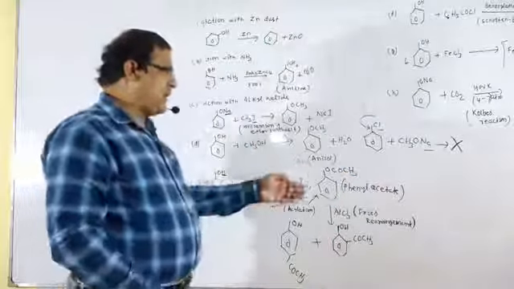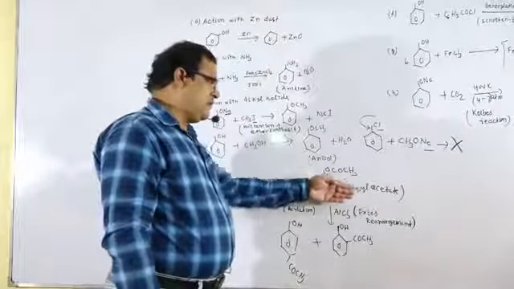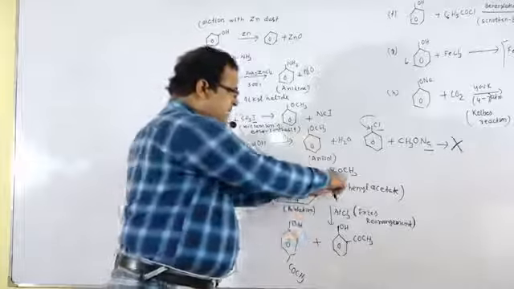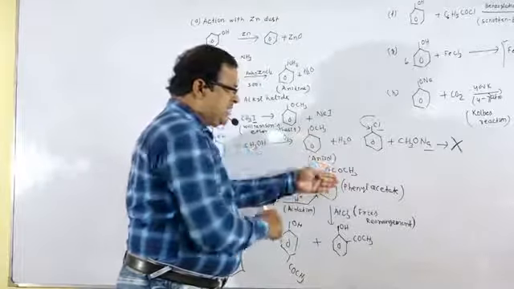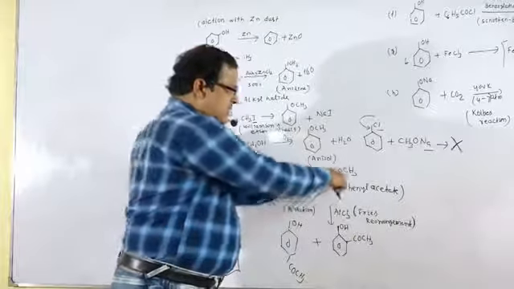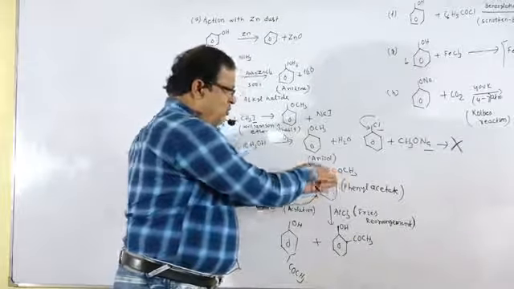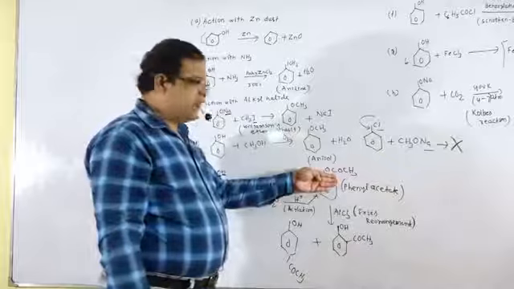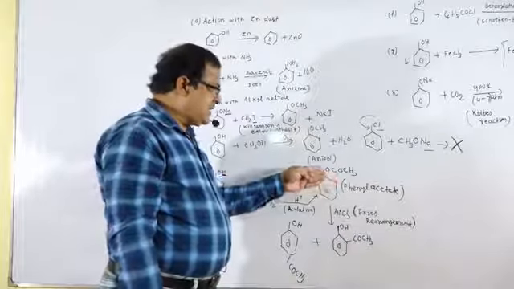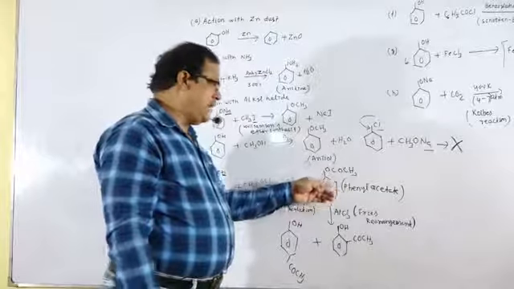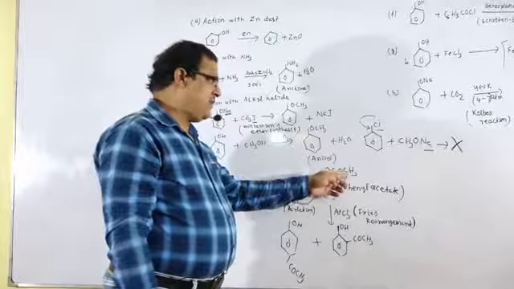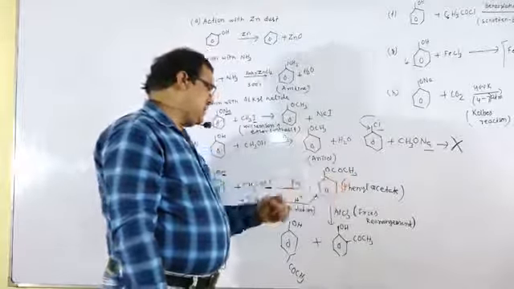How to know this formula? How to name the compound? CH3COOH is the formula for acetic acid. That H is replaced by the phenyl group, therefore it is named phenyl acetate.